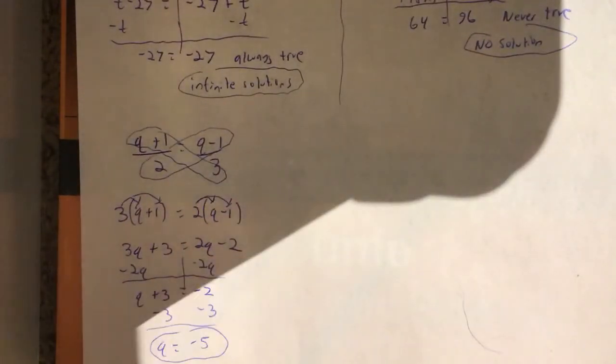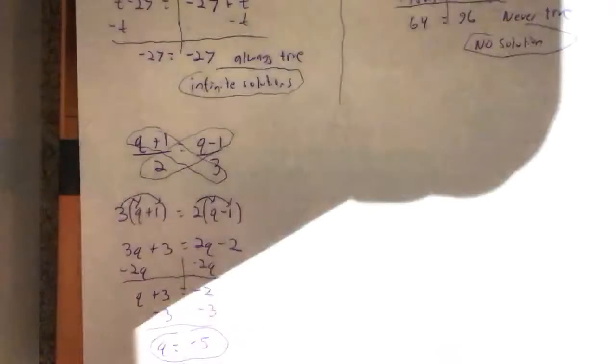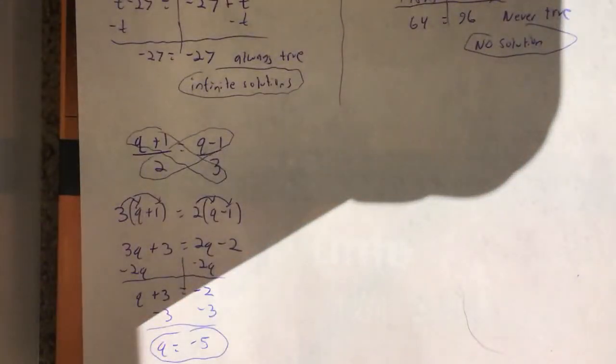Last section is going to be our inequalities. So hold on, let me get another piece of paper. So 1-5. Here we go.